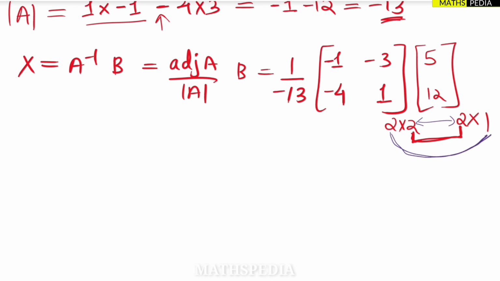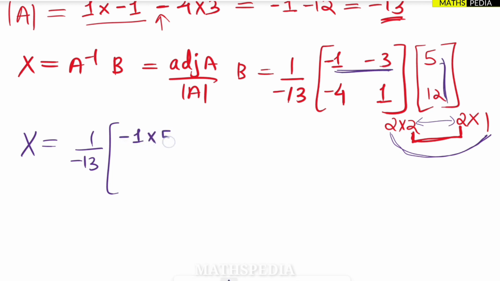So x is equal to 1 by minus 13 into, multiply row with column, minus 1 into 5 plus minus 3 into 12. Then second row into that column, minus 4 into 5 plus 1 into 12.